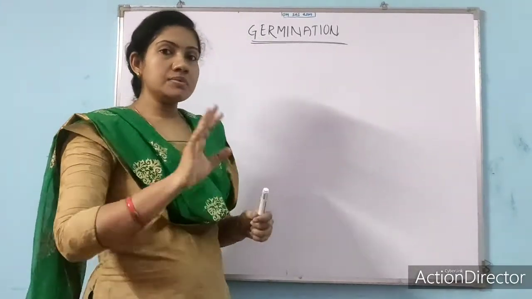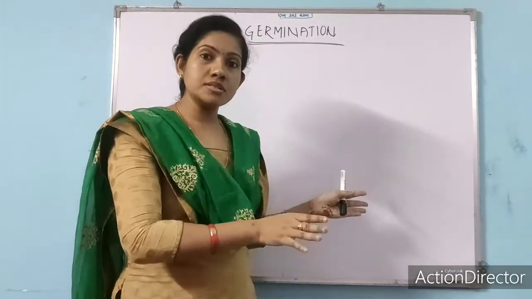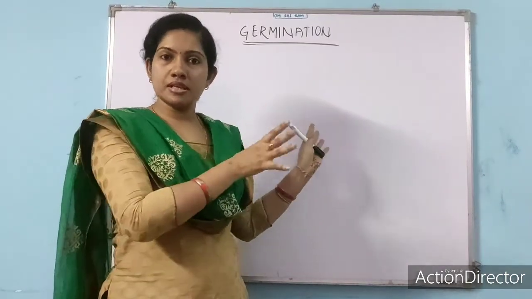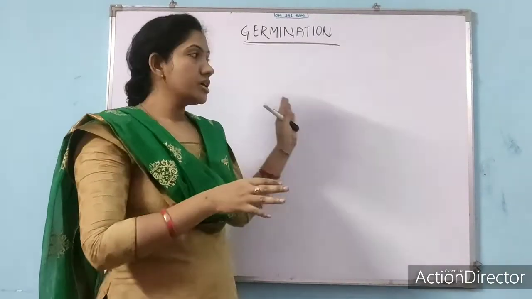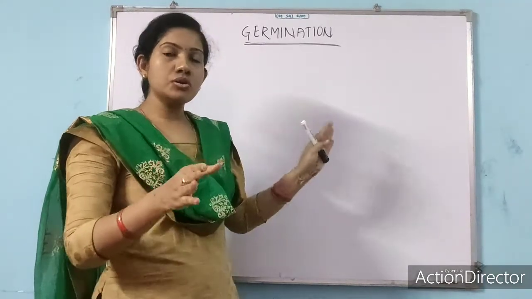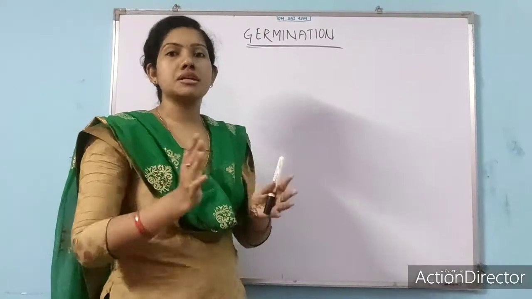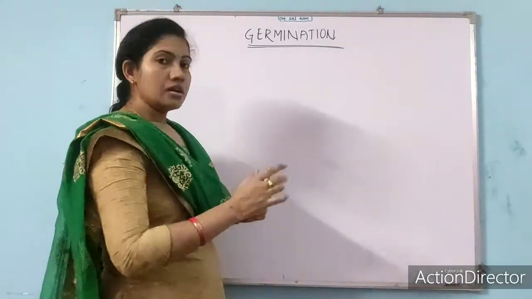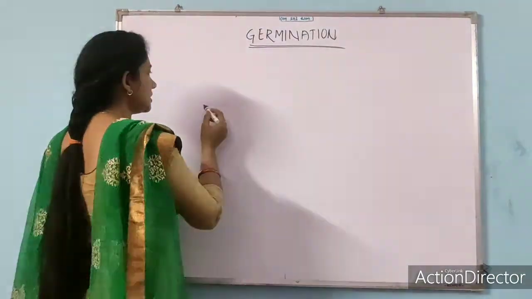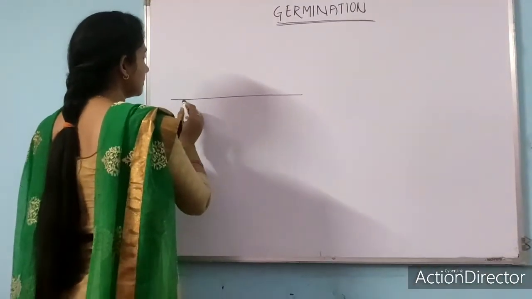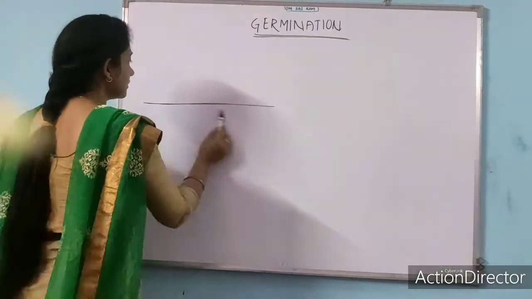So already we have discussed the parts of a monocot seed and a dicot seed, in the video on parts of a seed. So today I will show you how these monocot seeds and dicot seeds germinate. Here I am showing both. Suppose this side I am doing for monocots. This is the soil.